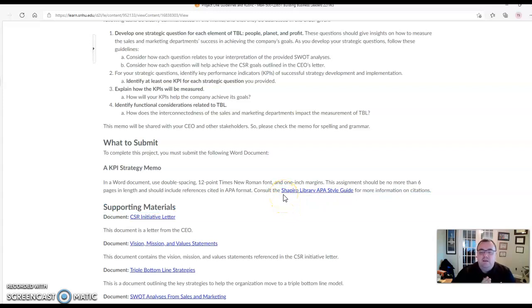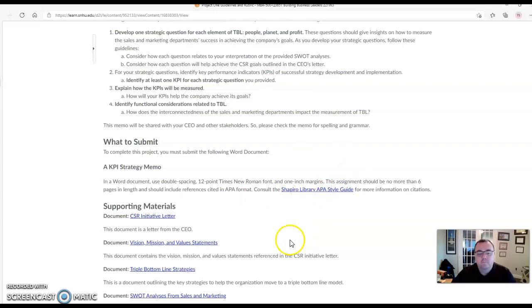So keep in mind the key things that I'm looking for. If you look under articulation of response, you need to make sure you follow the APA style guide. I'm looking for a cover page. I'm looking for a reference sheet, and anything that you put in there that's cited, just make sure it's properly cited. That's all I'm looking for.